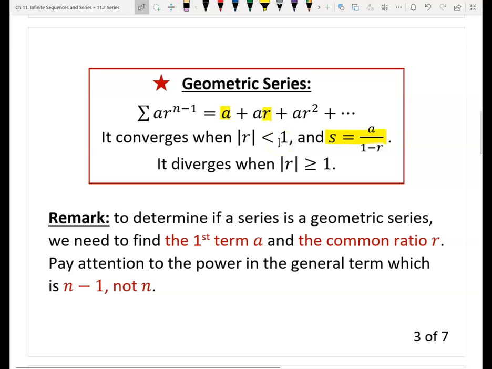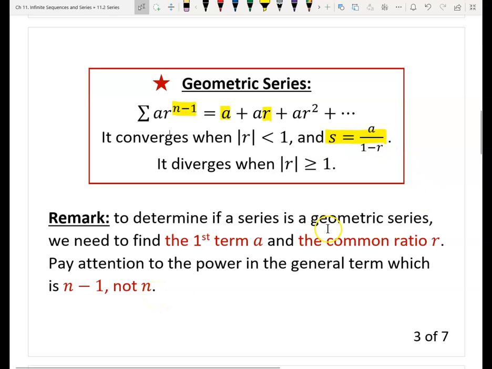Therefore, the series converges. One more thing, we need to pay attention to the power. Let me highlight here. If we use the general formula, the general term, what is the power? The power is n minus 1, not n, right? So this we need to pay attention to.